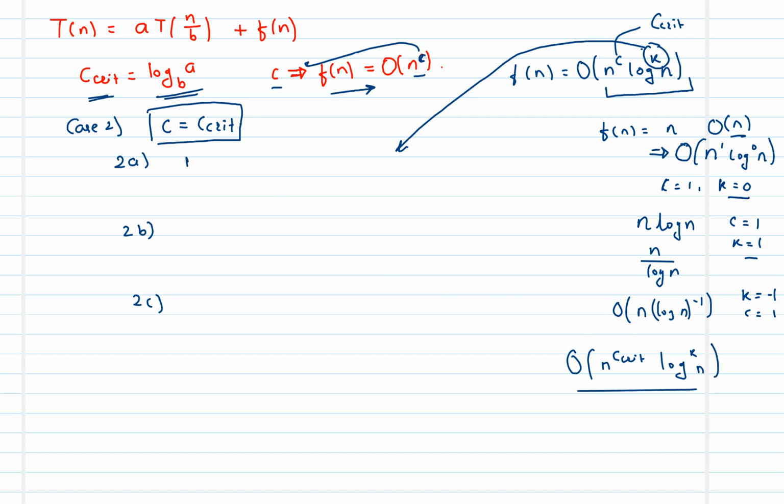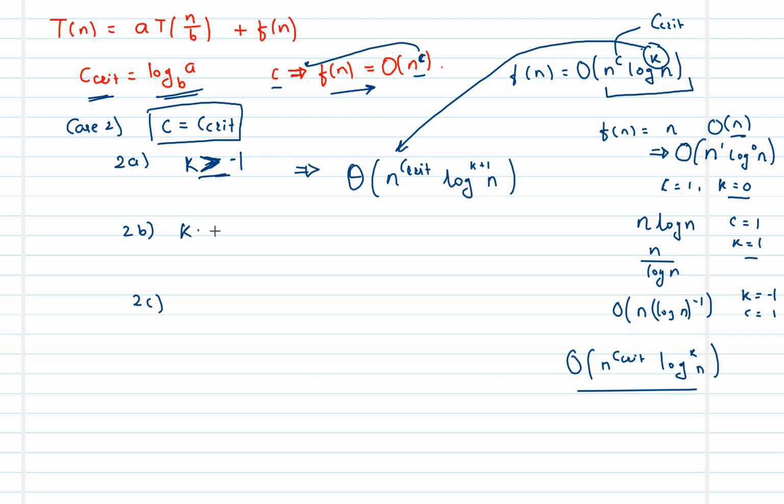Now what if k is greater than minus 1? If k is greater than minus 1, we can represent the complexity as theta of n to the power c critical log n with power k plus 1.